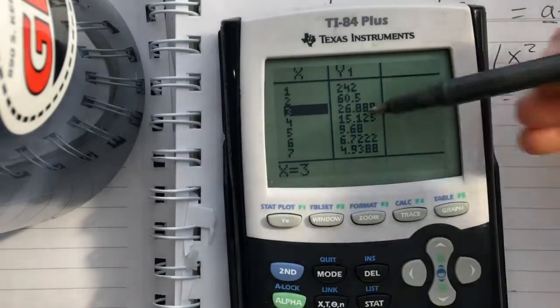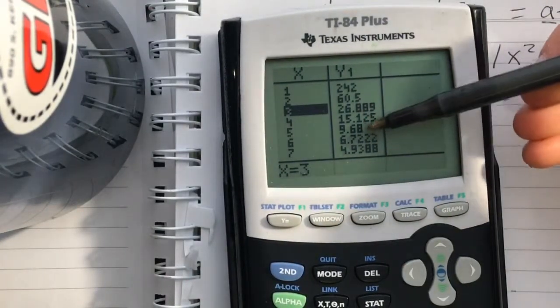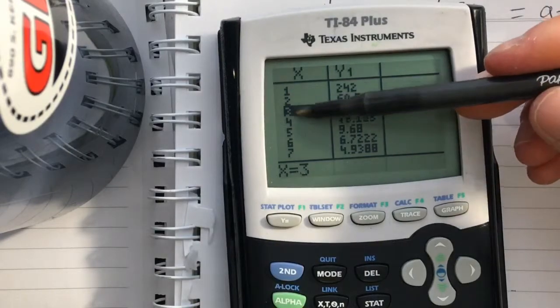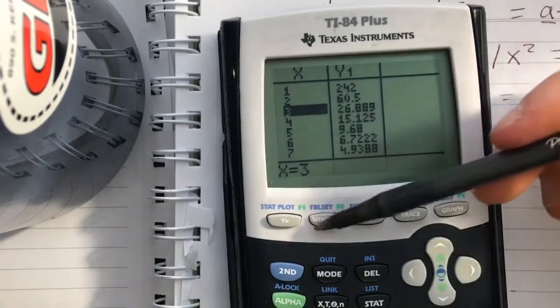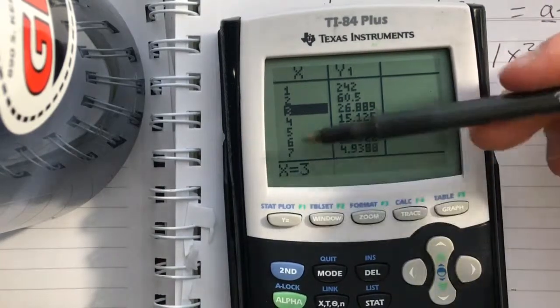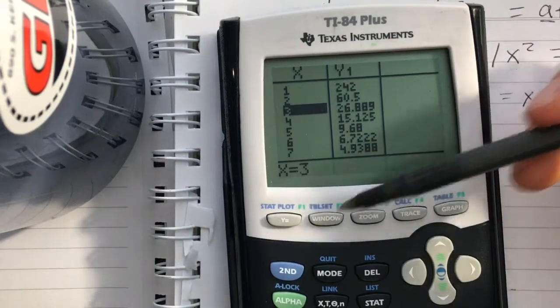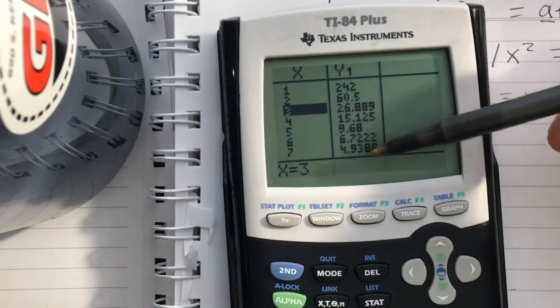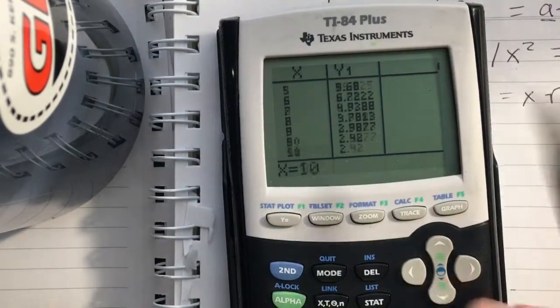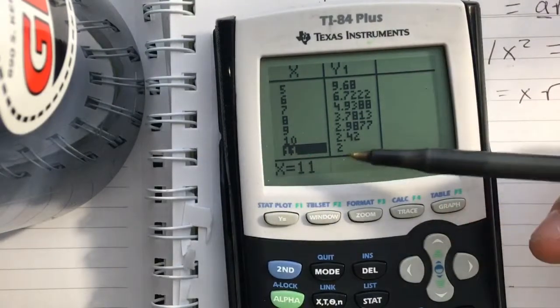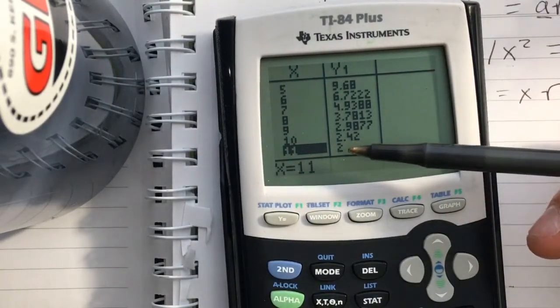I want to find the smallest number here, which is a whole number, that results in these whole numbers, which are by definition going to be whole numbers, positive, from the way I have my table set up. And so I want to find the smallest number here that corresponds to one of these numbers, because these numbers are, again, of course, going to be squared. Now, at 11 squared, we have 2.